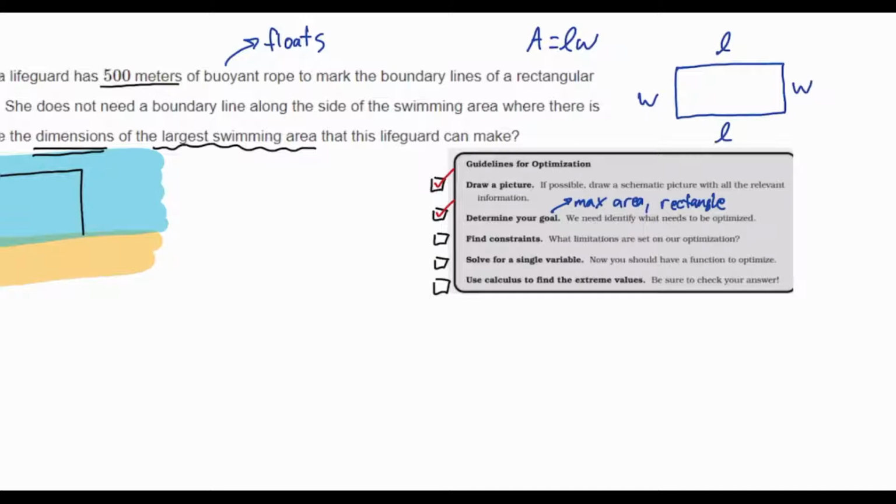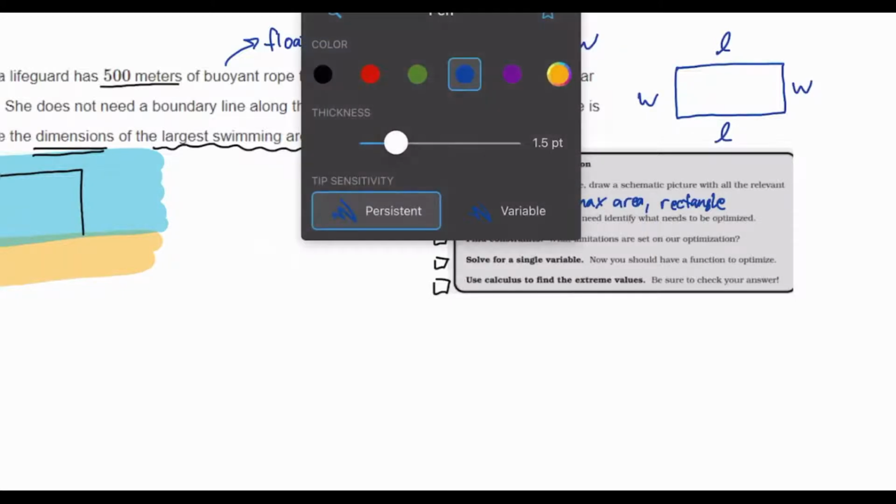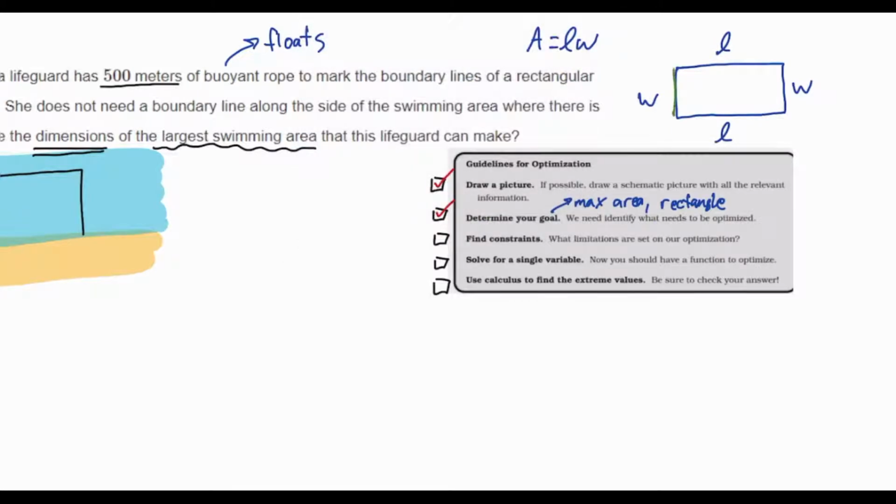But in this case, remember my rope only goes on 3 sides. 1, 2, 3. So I don't need this length here. I'm not using rope along that portion, which means my perimeter here is going to be 2 times the width plus 1 times the length.